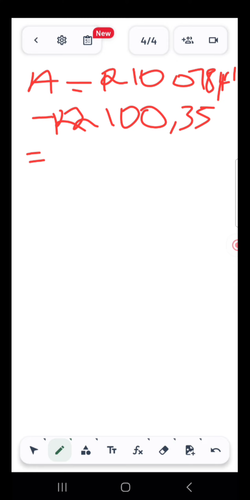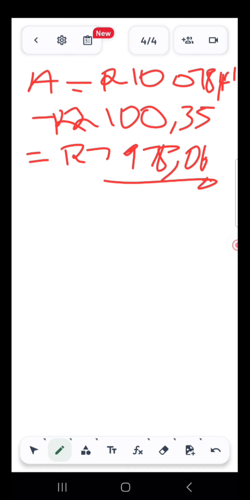So when we minus this from this, the answer yethu kuba yi 7,978 rand and 6 cents. So it means David uhole 7,978 rand and 6 cents, right? Okay, the net salary yaka David.